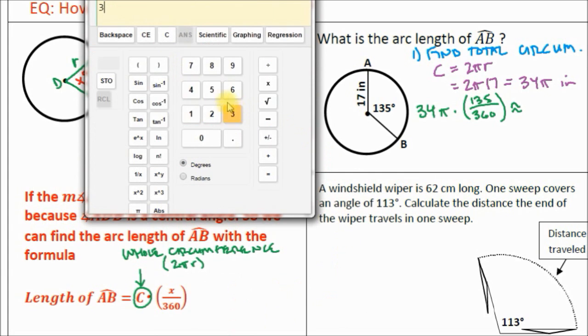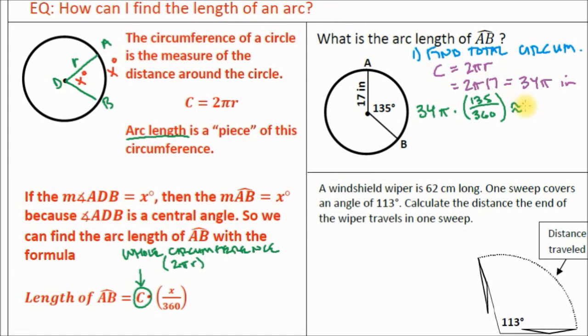So we're going to go ahead and put in 34 pi times parentheses 135 divided by 360, and we press equal. We've got 40.05. We can round that to approximately 40.1 inches. There is the length of arc AB, the distance from point A around the circle to point B.